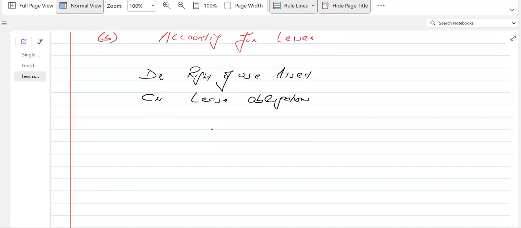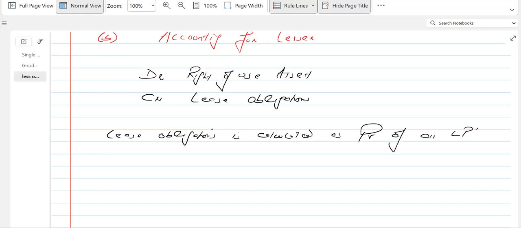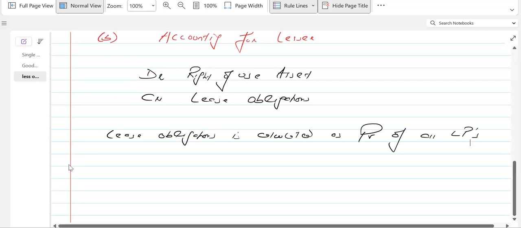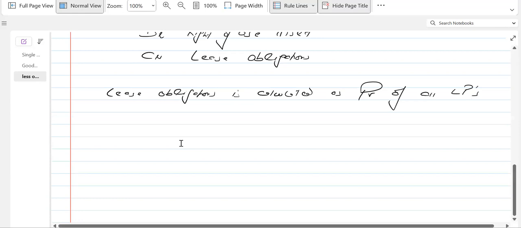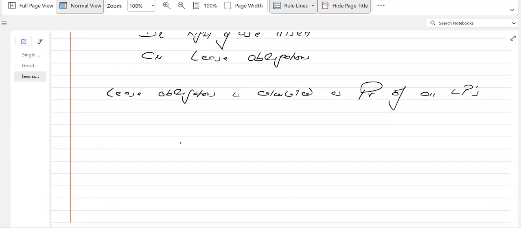Now the lease obligation is calculated as the present value of all lease payments. So we need to calculate the present value of all the lease payments, which becomes the opening balance.